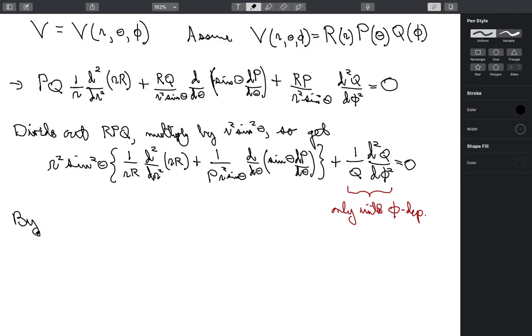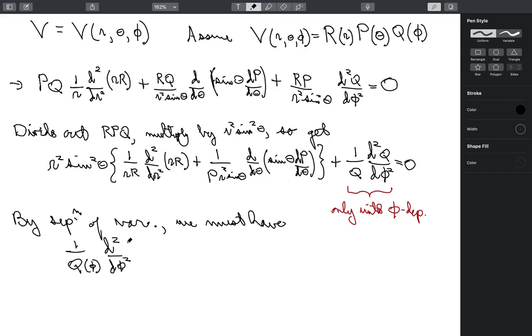By the notion of separation of variables, we must have that this 1 over Q, Q being a function of phi, second derivative of Q of phi with respect to phi must be equal to some constant.